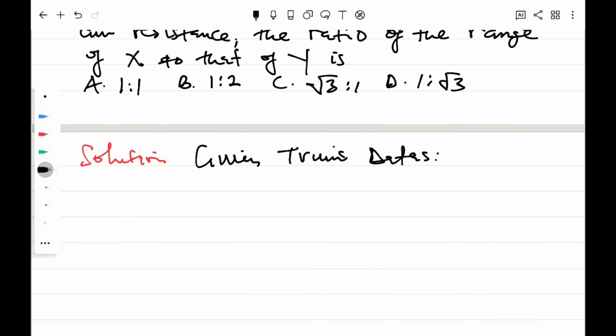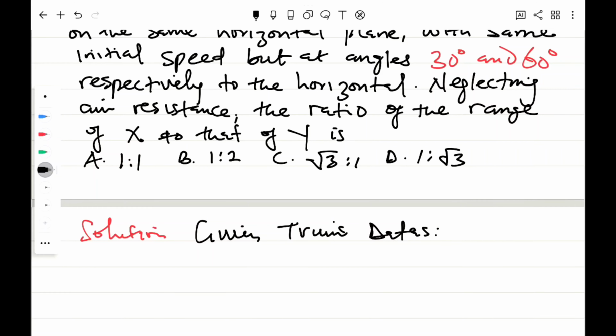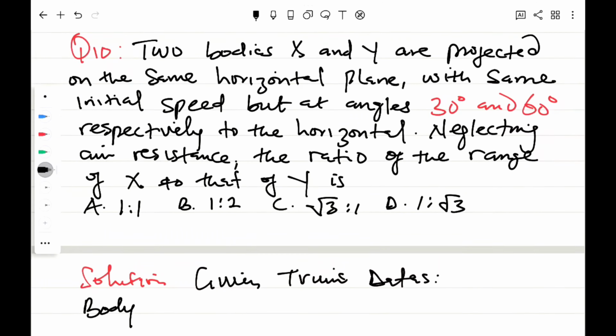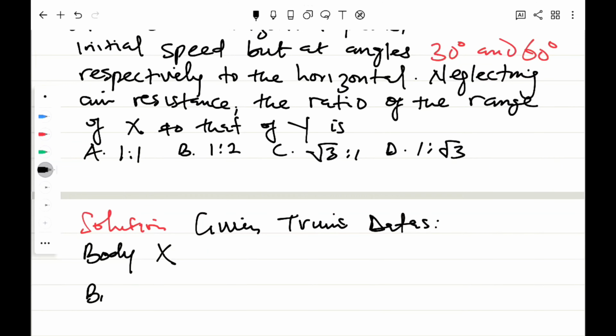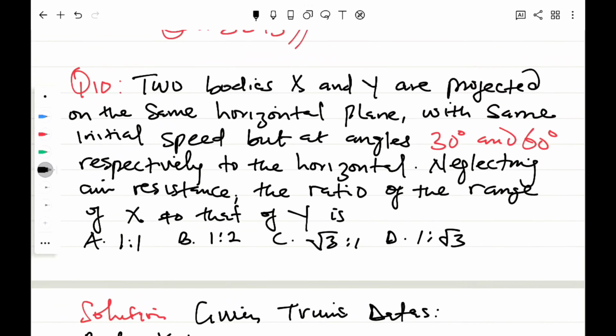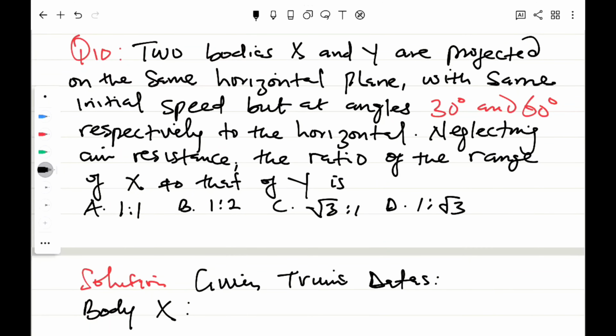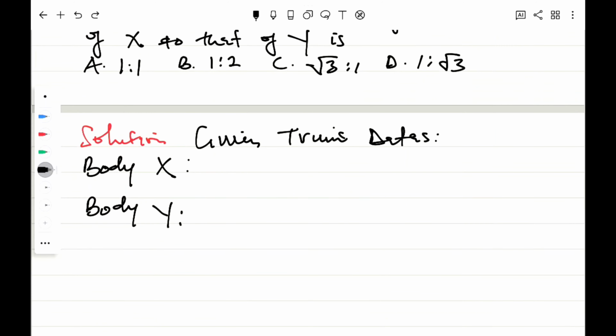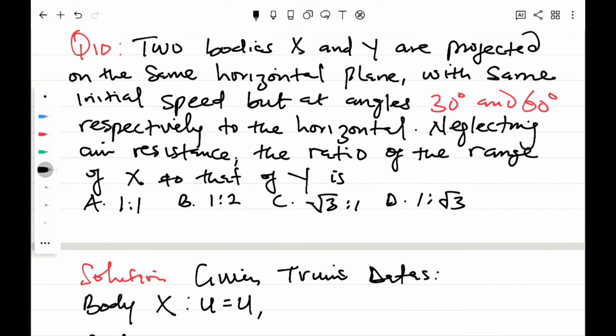So let's extract the given data from this question, and pick them out one after the other. We have two bodies, body X and body Y, right? So we extract the data for body X and the data for body Y. Our U is U for both body X and Y. Is that clear?